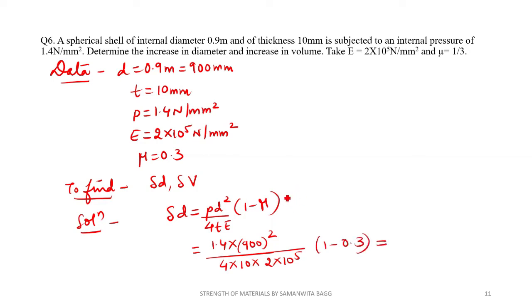On solving this, I get the value of delta D as 0.09923 mm. Next, I'll calculate delta V. The formula is P dV upon 4TE into 1 minus mu, and here there is a term 3. So V is pi by 6 d cube.